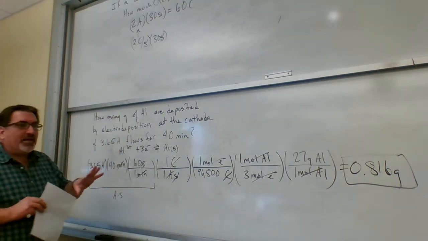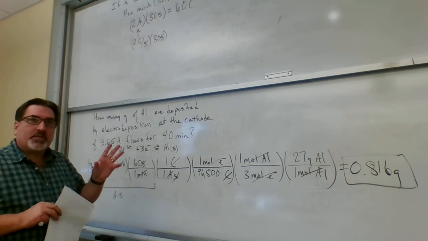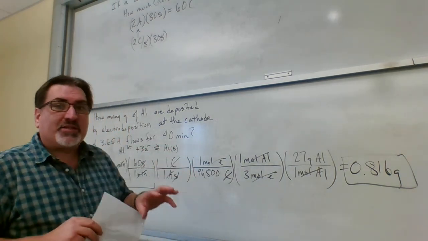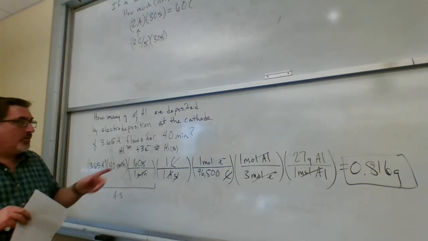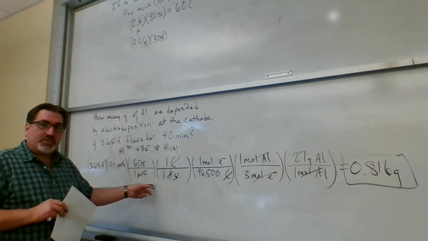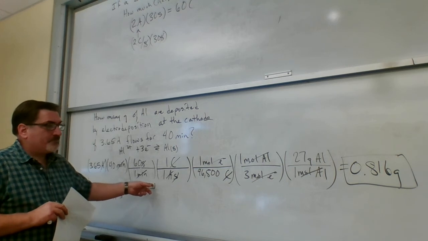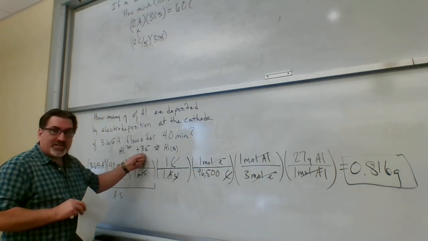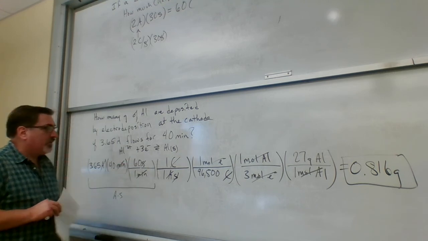The last time I read, I think the numbers were from back in the 90s, about 1/3 of the electricity in the United States went into this reaction to generate aluminum because we have such a big demand for it. And it requires a lot of energy because it's 3 moles of electrons per mole of aluminum.